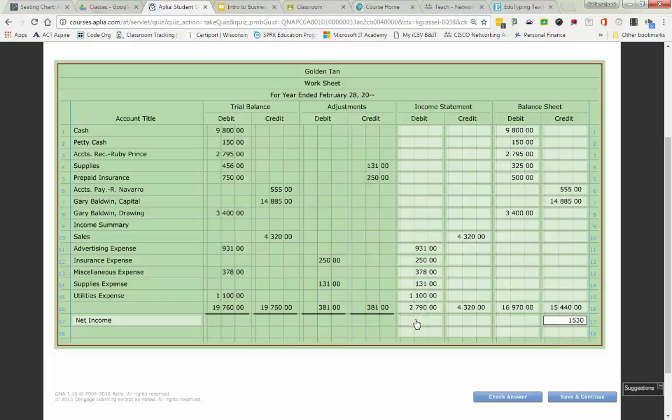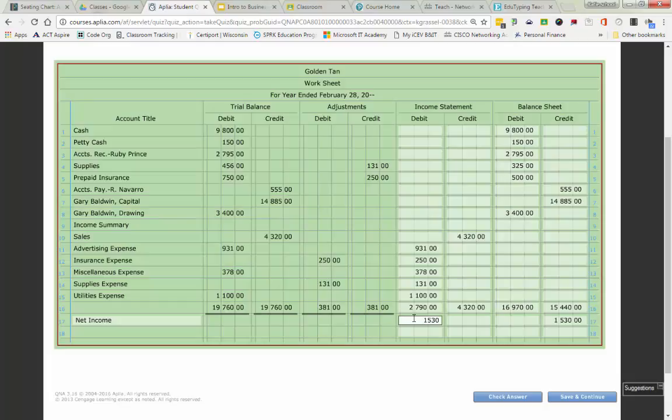And then it also goes on my income statement as a debit of $1,530. So what I've just determined is that my net income is $1,530. My net income gets written twice. It gets put once on my income statement and once on my balance sheet.